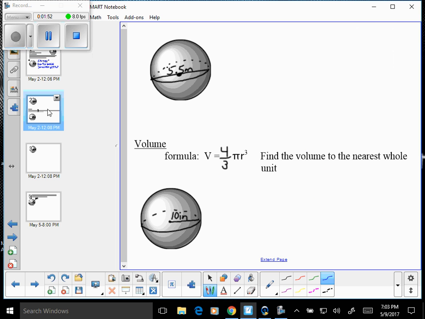Let's look at our next example. This is actually example B. Note here that 5.5 meters is the diameter.